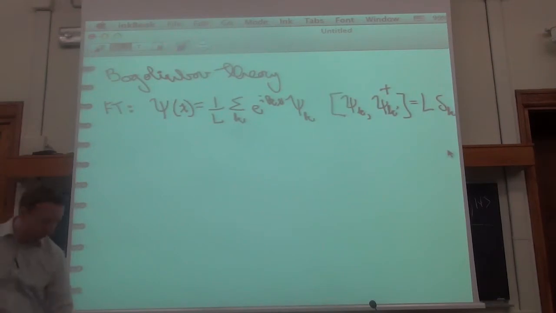If you rewrite the Hamiltonian, for simplicity we just use periodic boundary conditions here.